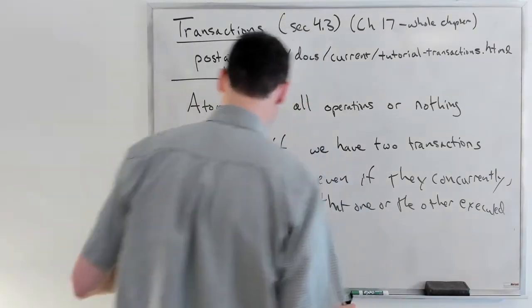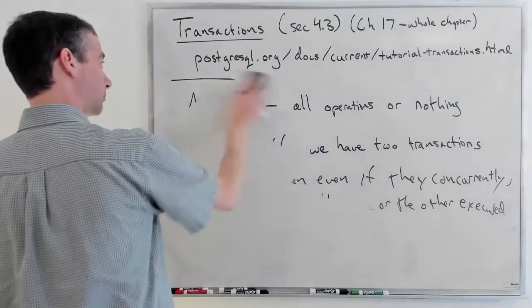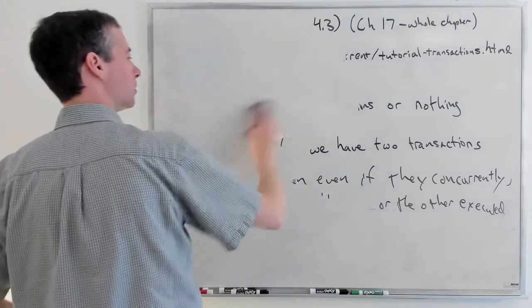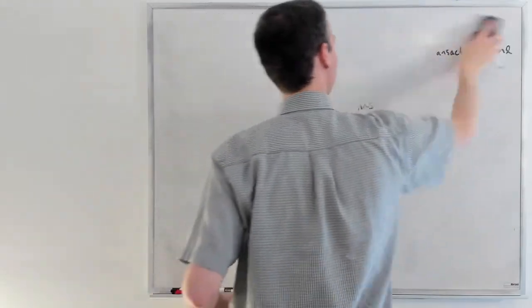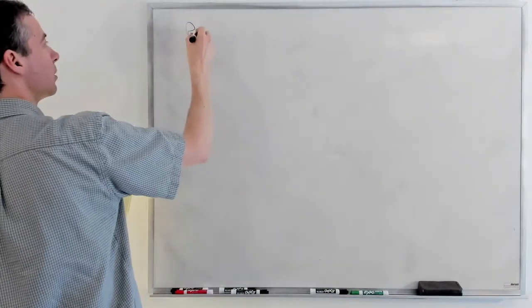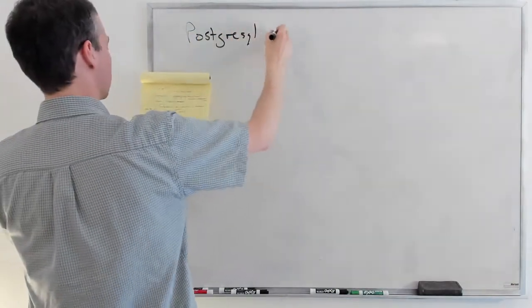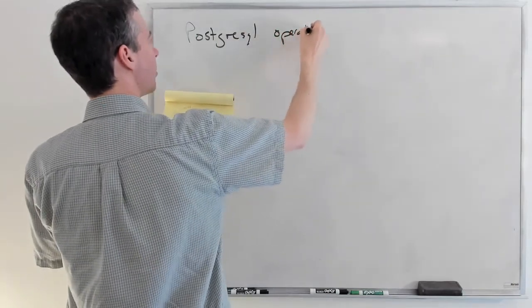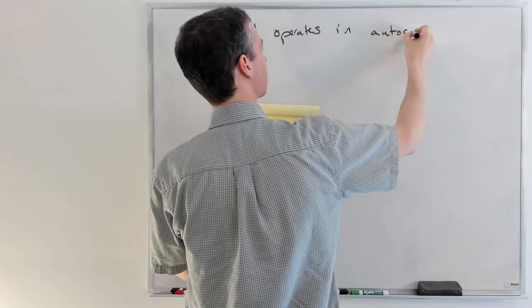One of the things that's fascinating about this is that every single command that we've been issuing, these selects, inserts, updates, and deletes in Postgres, it operates in a mode that's called Autocommit.